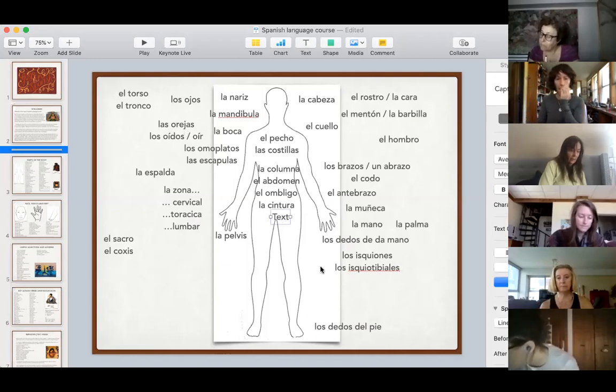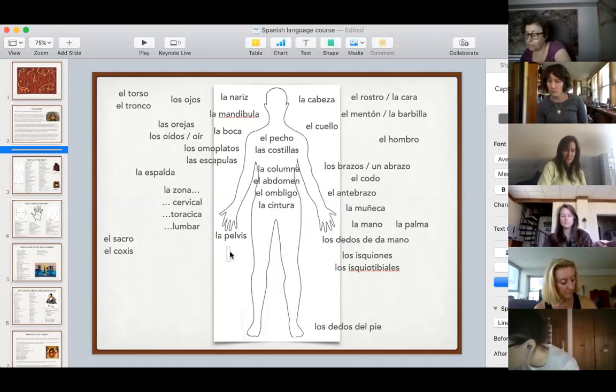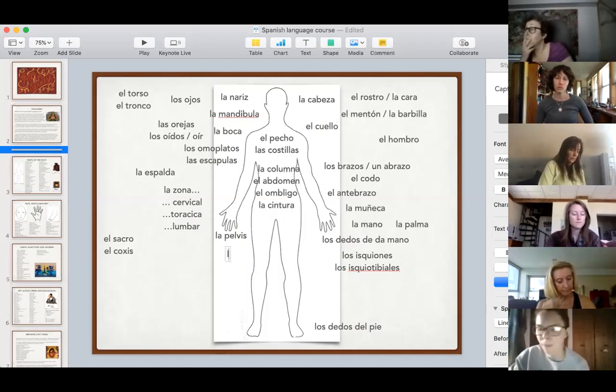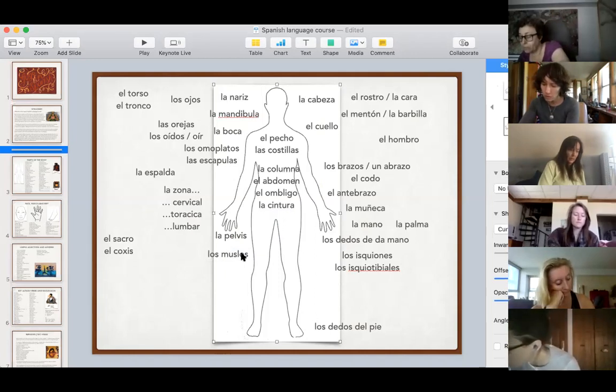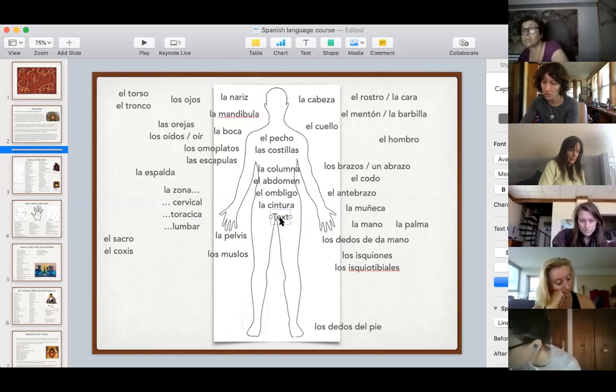Luckily, the word for thigh is a little bit easier. Does anybody know the word for thigh? Los muslos? Correct. Los muslos. Now, you need to be careful not to confuse the word muslo with the word for muscle, right?